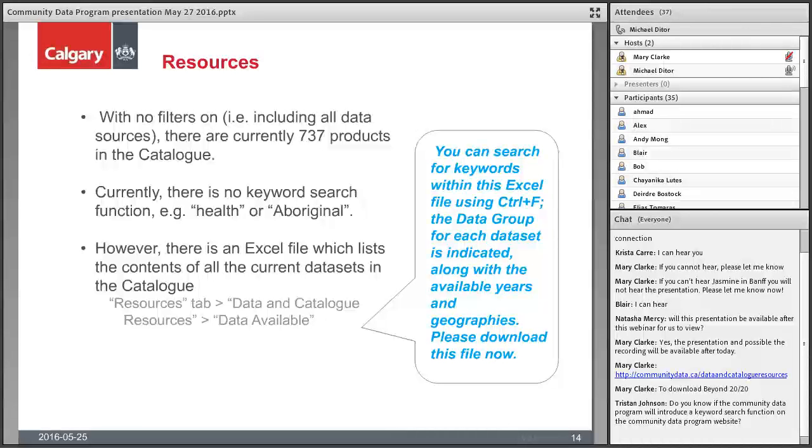For now, this Excel spreadsheet is meant to be a stopgap measure that provides some of that functionality while we're working on the website. I say we because I'm part of a working group working on this, but a lot of the work is being done by CDP staff.